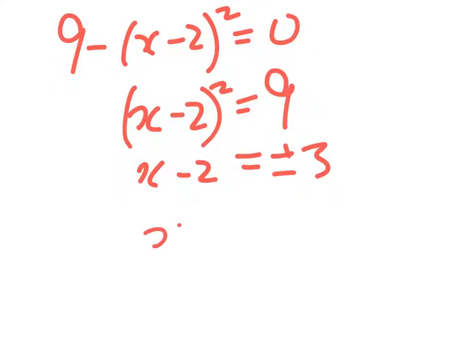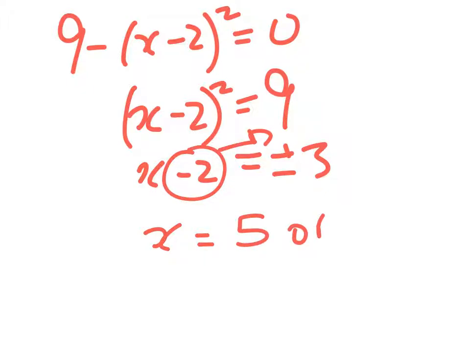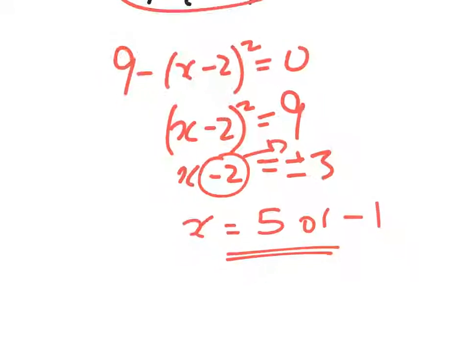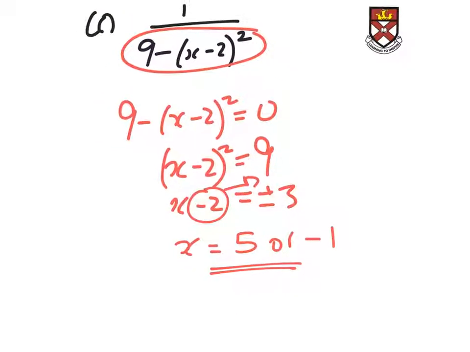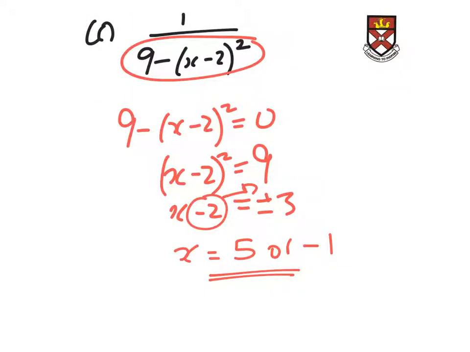Okay, so that is when x equals, take the 2 over, negative 2 added to 3 is 5, or take the 2 over, negative 3 add 2 is negative 1. Again, these are my answers for my formula, not the answer for the question. You need to do the same thing, the same working for your question. Okay, so put your previous answer equal to 0 and solve it. And that's us. Quite long this week.